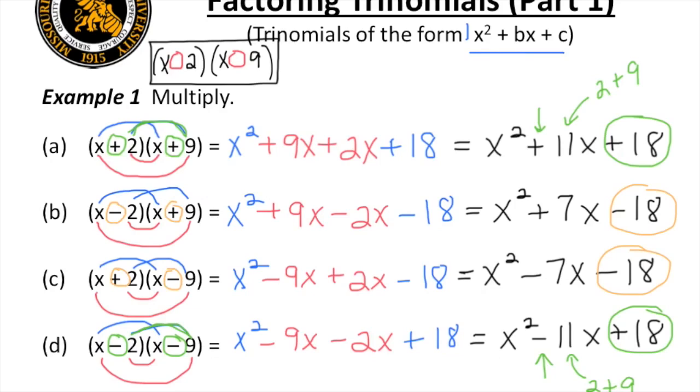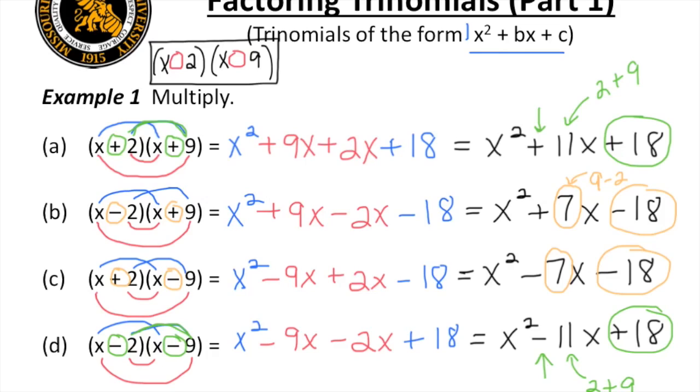Also notice that the 7 that appears in both of the middle terms in each of these trinomials is equal to the difference of 9 and 2. The sign in front of that 7 depends on where the addition and subtraction symbols appear in the binomials.